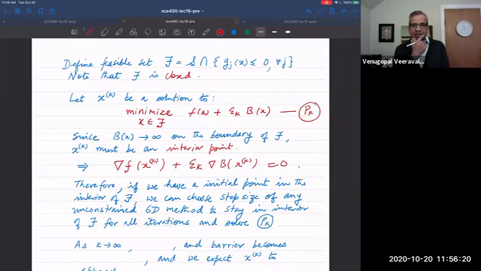This is good to know, because now I can apply gradient descent, but I have to be careful. I have to make sure I have an initial point that's in the interior of F, and then, as you'll see in your computer assignment 2, you can use a step size selection rule like Armijo's rule, and make sure that your step size is chosen in such a way that you always remain within the set at each time step. You can also do this with Newton's method, by the way, if Newton's method is applicable.